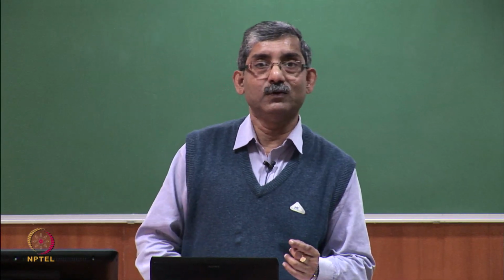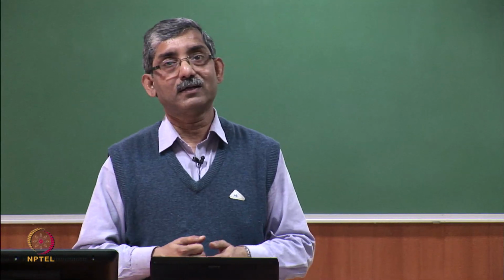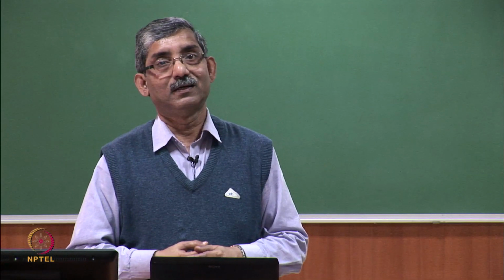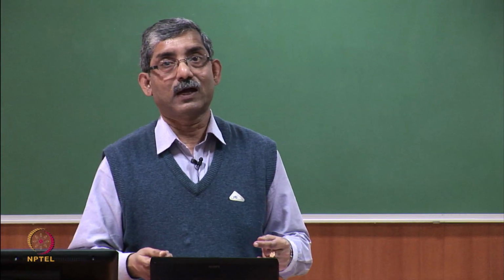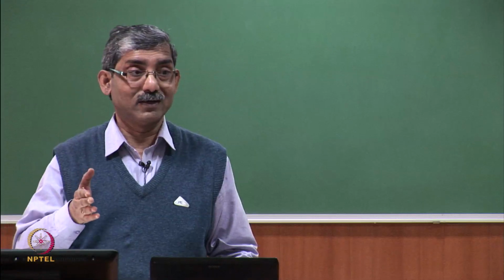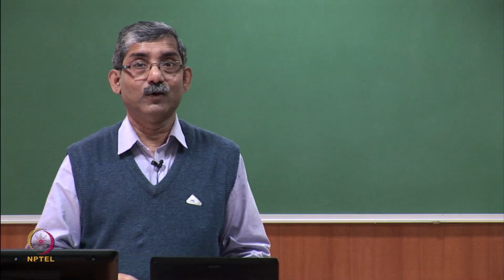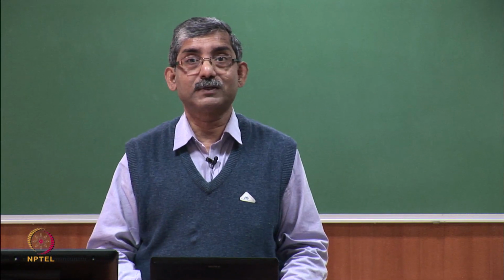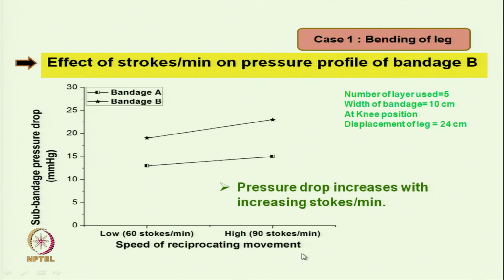This is basically due to the fact that a higher stroke rate means that with time, it is done for 2 hours. So, for 2 hours with stroke per minute of say 90, there will be 90 into 60 into 2 strokes.